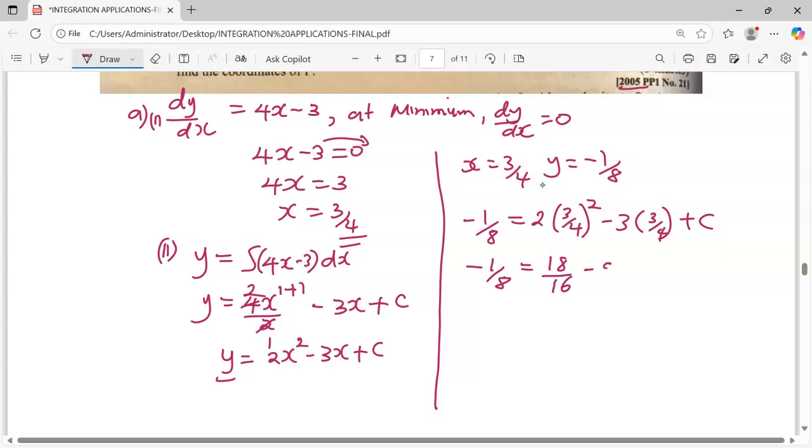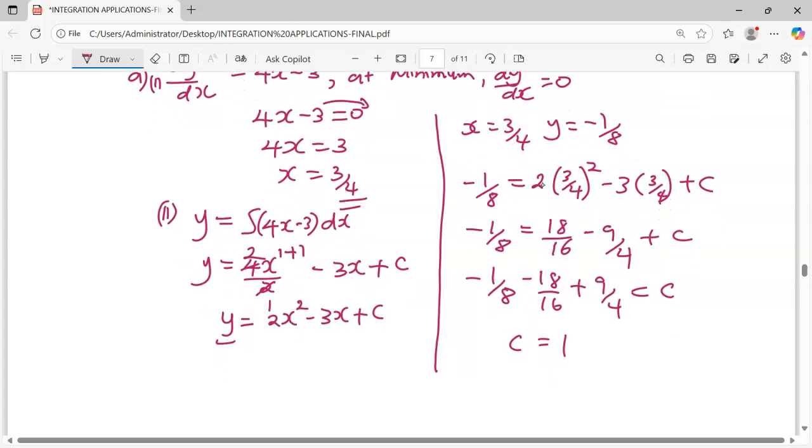This gives 9/4 plus c. If we move all this to the other side, we have negative 1/8 minus 18/16 plus 9/4 equal to c. Using a calculator, the value of c is equal to 1.